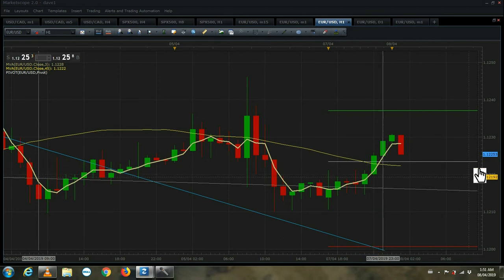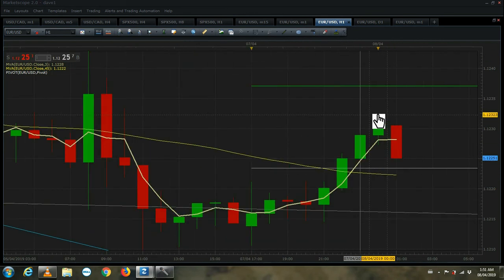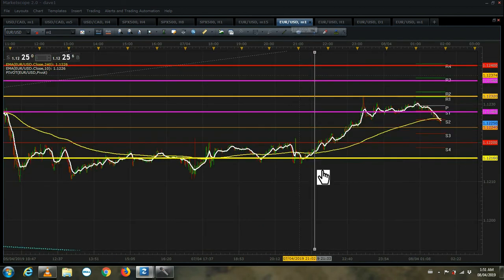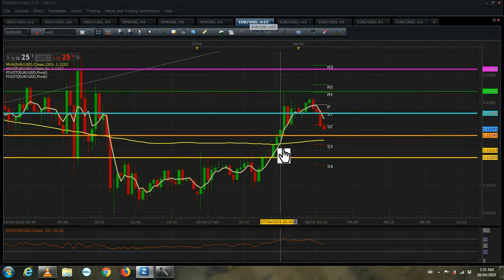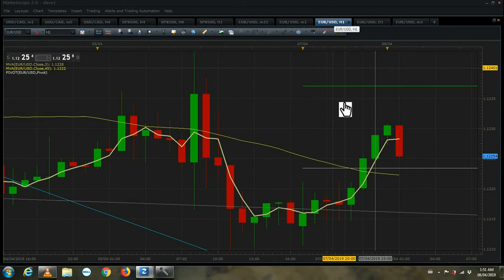Okay, so hopefully this will all make sense here real quick. I have a 1 hour, a 1 minute, and a 15 minute, and I all have a moving average cross. This will tell me direction. The 1 minute was the first one. That happened at 21:30.